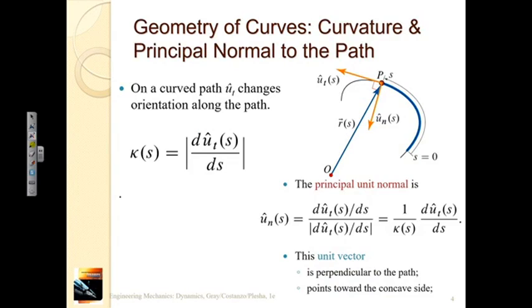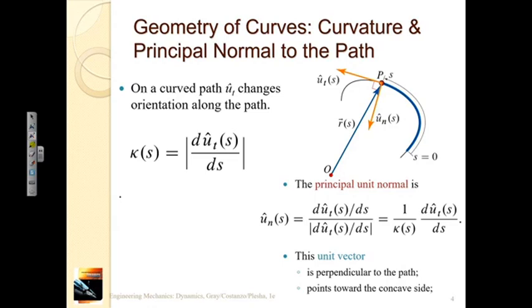All right, we got the tangent direction. Let's define the normal direction. So for the normal direction, we're going to talk a little bit about curvature and bring in some other things before we really define that normal. So let me draw some more squiggles. Purposely drew some big sweeping arcs and then some little tiny ones.